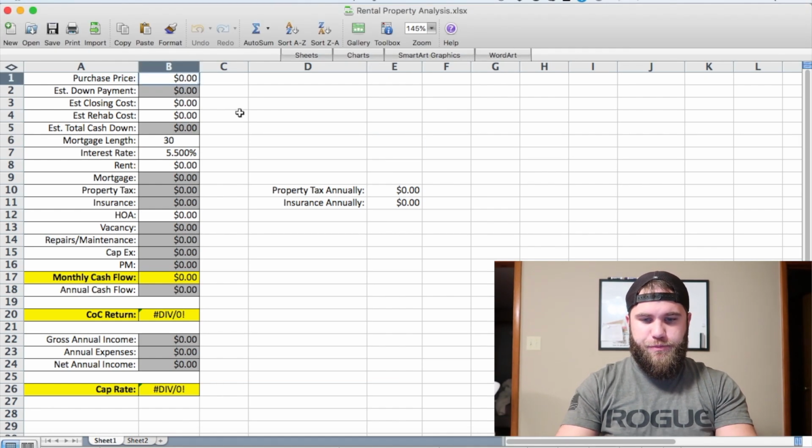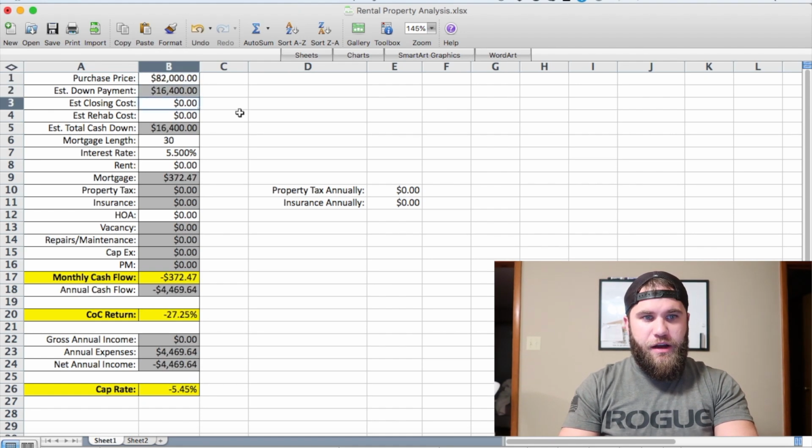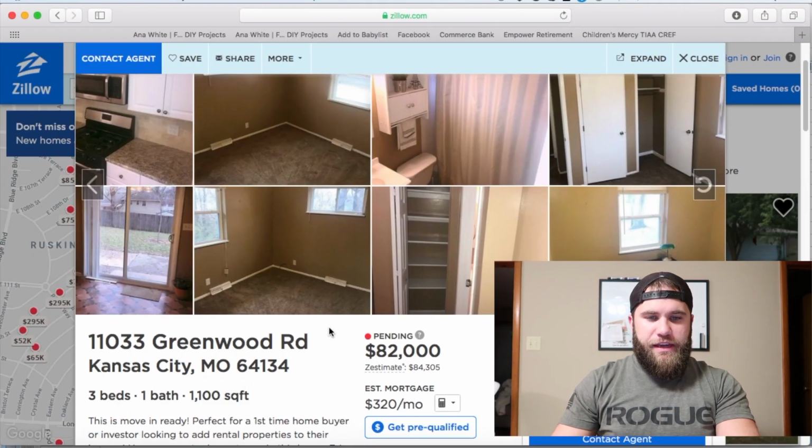So I start with the purchase price. The purchase price on that house was $82,000. My estimated closing cost is going to be roughly $4,000, give or take, but that's typically what I use. For this property in this area of Kansas City, I was estimating a rent of $850 per month.